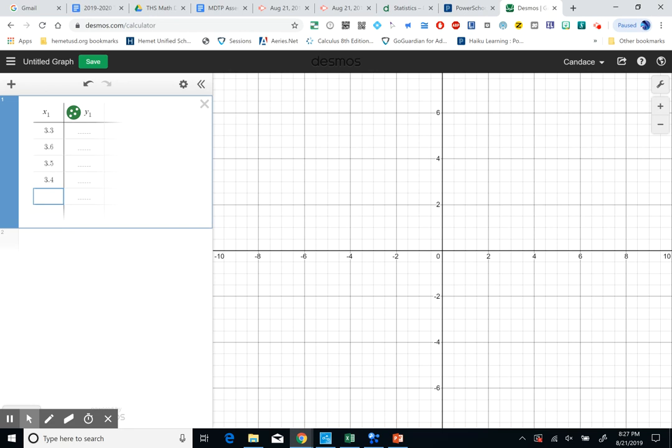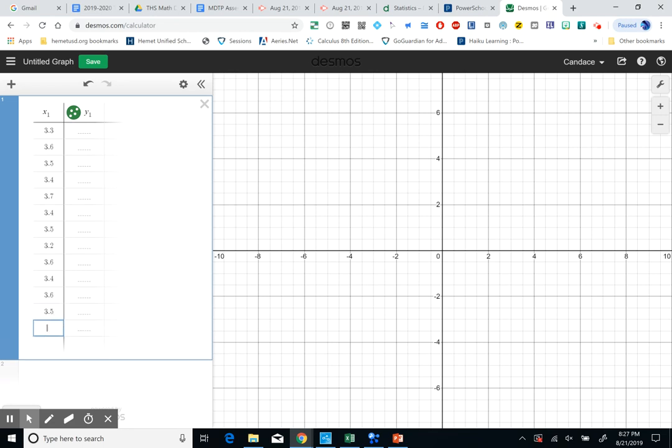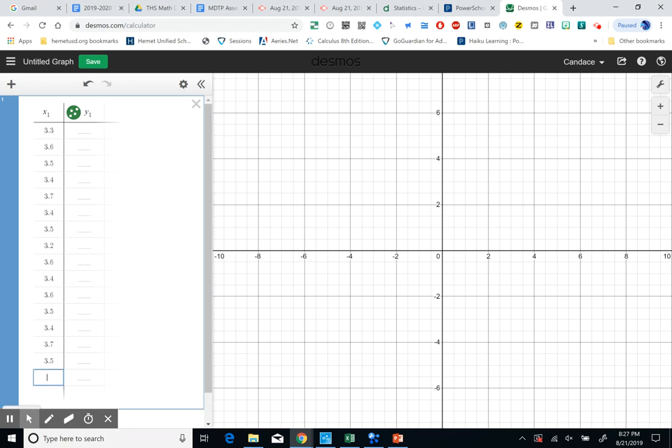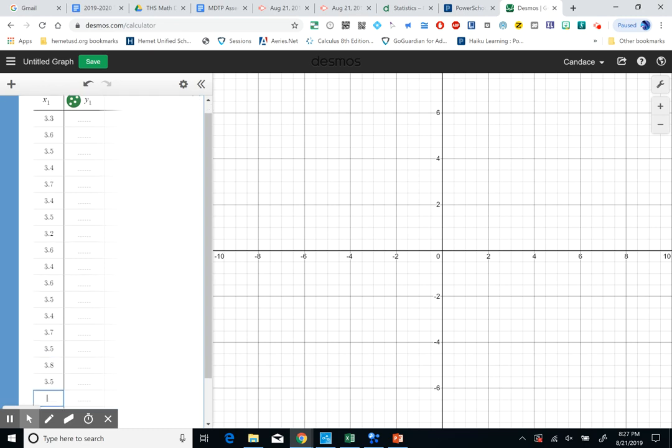The nice thing about doing this in here is we can go back and look to see if we made a mistake. 3.7, 3.4, 3.5, 3.2, 3.6, 3.4, 3.6, 3.5, 3.4, 3.7, 3.5, 3.8, 3.5, 3.6, 3.3, and 3.5.